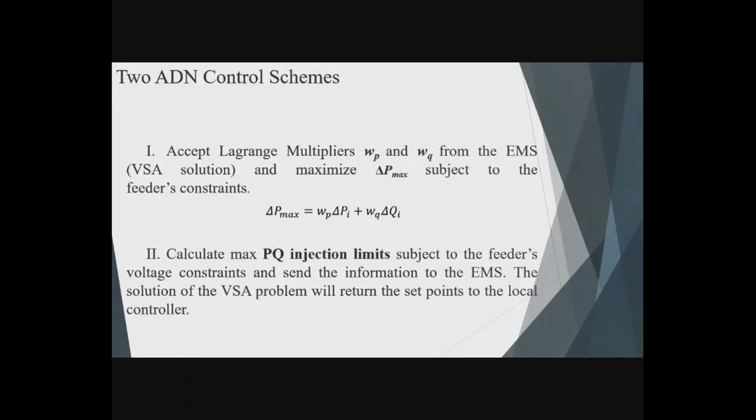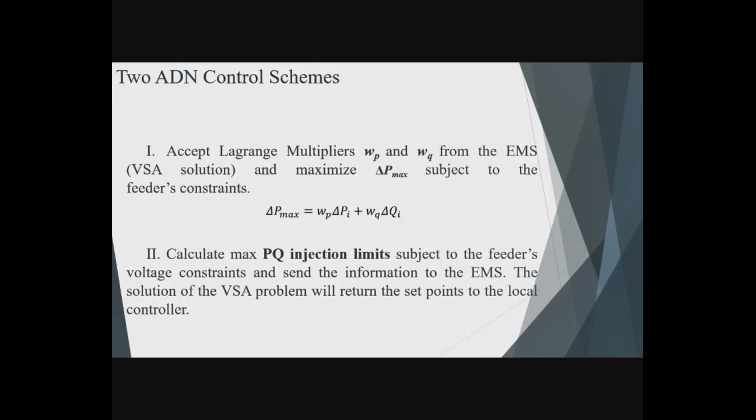So two different control schemes are assumed. In the first one, the local controller in the distribution side accepts the Lagrange multipliers that are calculated in the EMS, and using a simple linearized objective function is trying to maximize the maximum power transfer, always subject to the distribution feeder constraints.